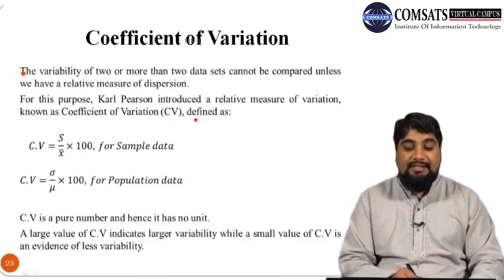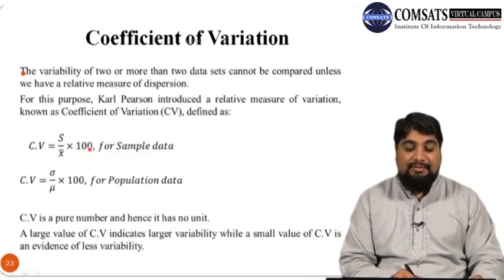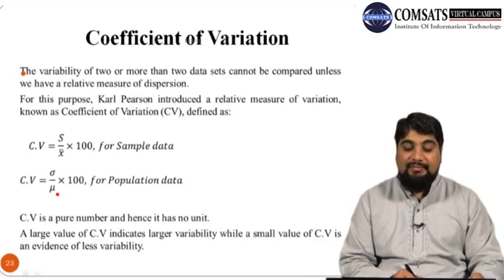For sample data it is defined as s, the standard deviation, divided by x bar, times 100. Similarly for population data, we use sigma, the standard deviation of the population data, divided by mu, the mean of the population data, multiplied by 100.